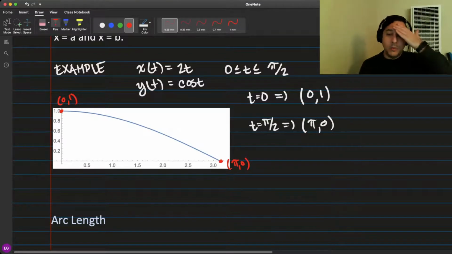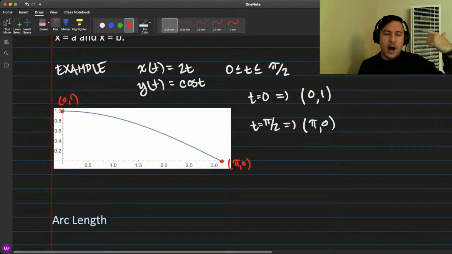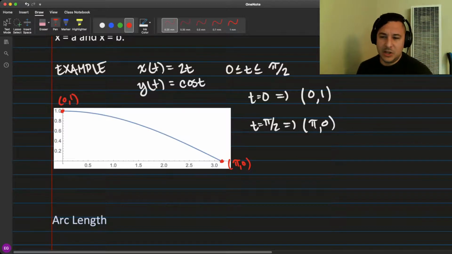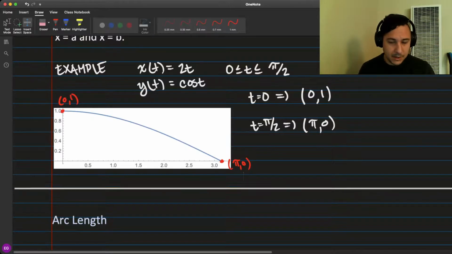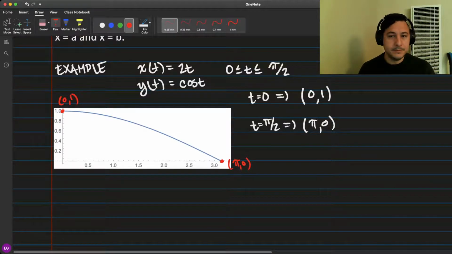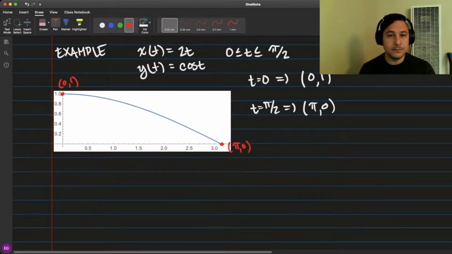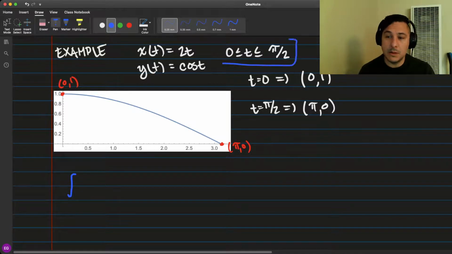Good. So what are our limits of integration going to be? What are we going to integrate between? From 0 to pi. Not from 0 to pi over 2. You don't look at the t values, you look at the x values.